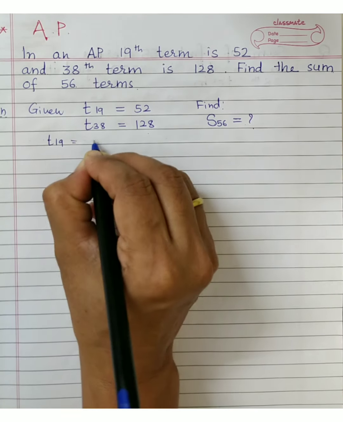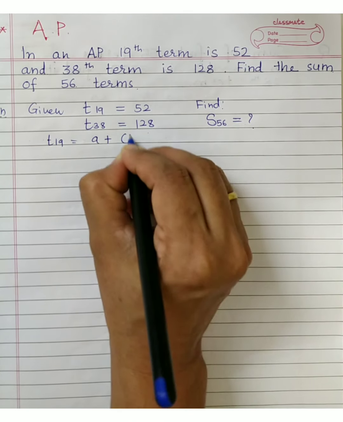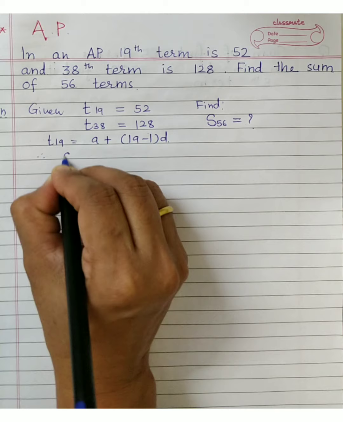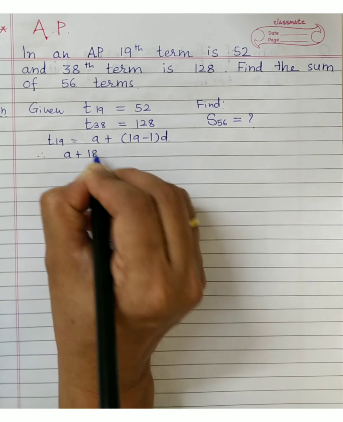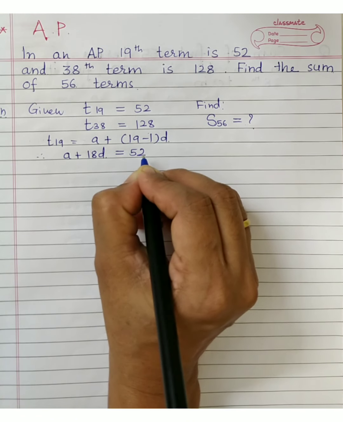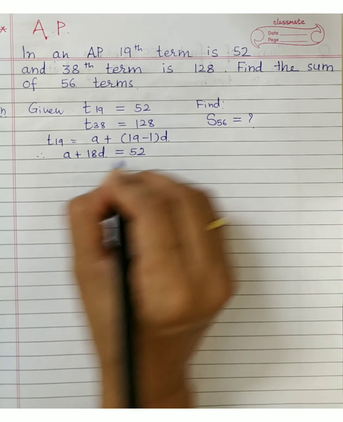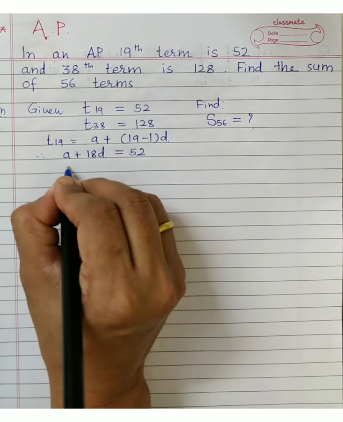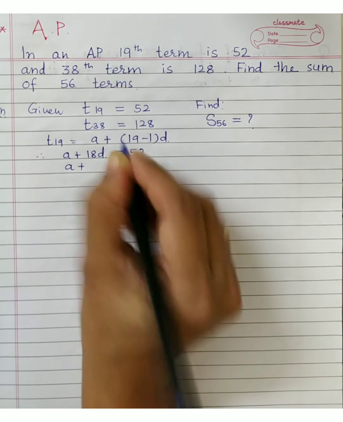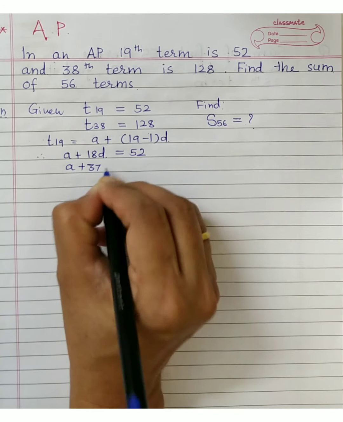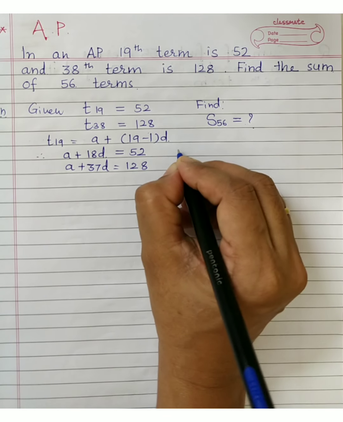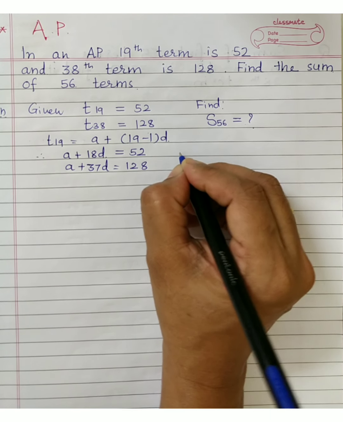T19 is equal to A plus 19 minus 1 into D, that is A plus 18D is equal to 52, right? Similarly, what will you get now? Directly I am writing A plus 38 minus 1, 37D is equal to 128. These are the two equations obtained here, right?